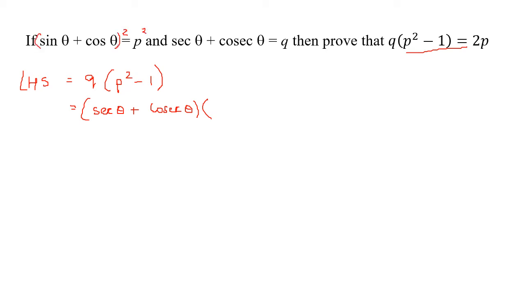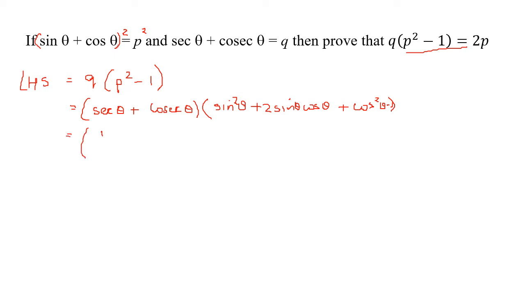What is P square? P square means the whole square. So if I write the whole square, what do I get? Sin square theta plus 2 sin theta cos theta plus cos square theta, right? Minus 1. Now here I'll simplify.